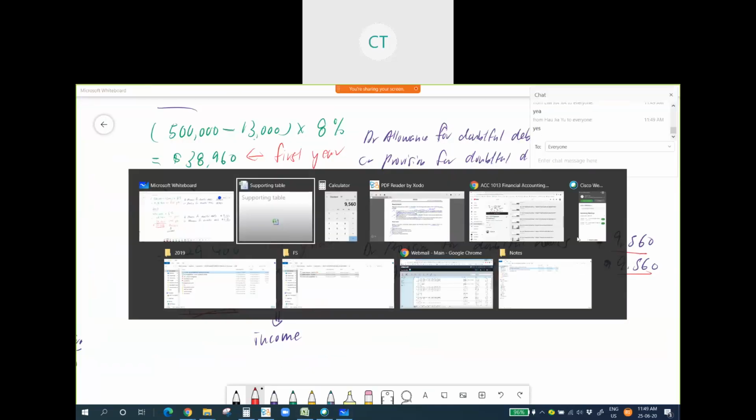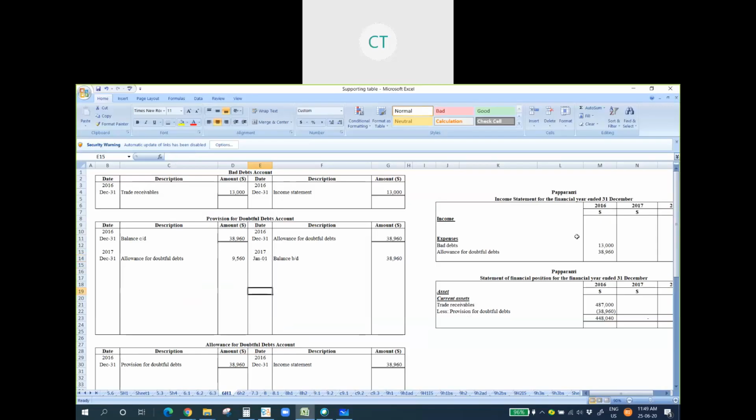Yes, 9560. And then we credit to allowance for doubtful debts, description, provision for doubtful debts, amount 9560.